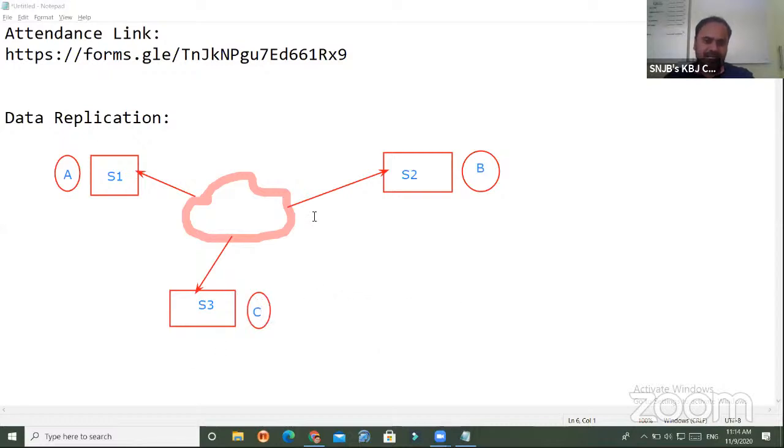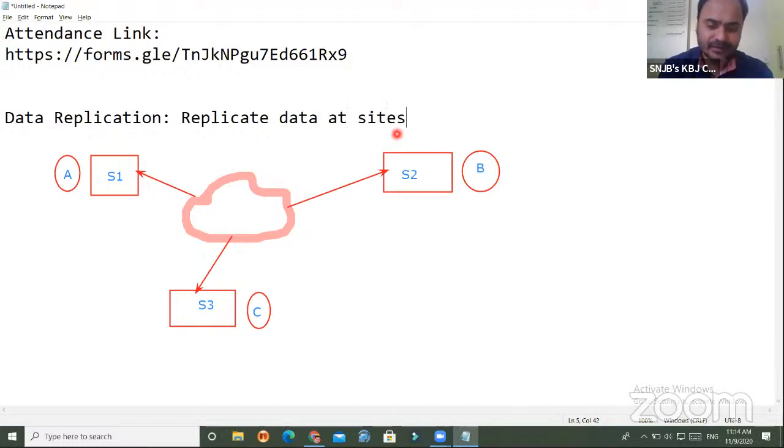Now in the case of data replication, we have to replicate data at sites. There are two types of replication: full replication or partial replication.